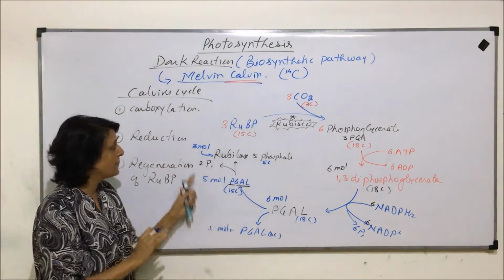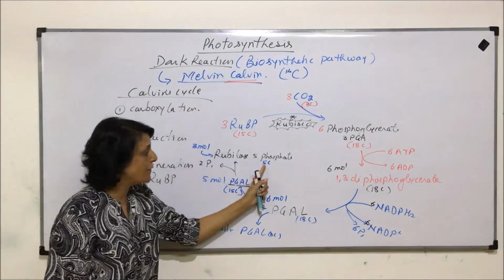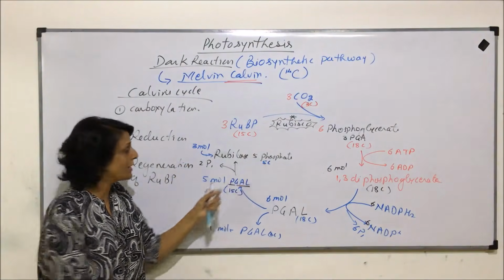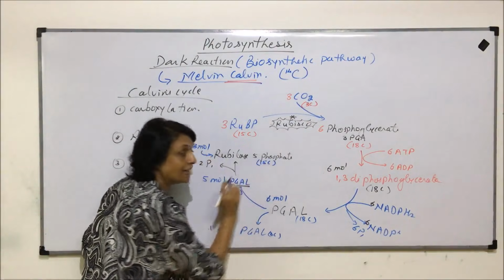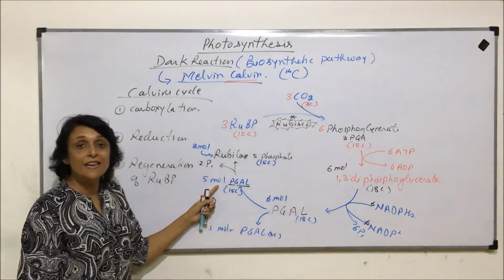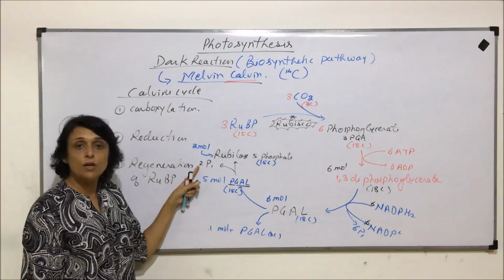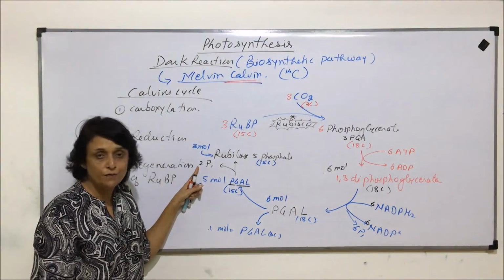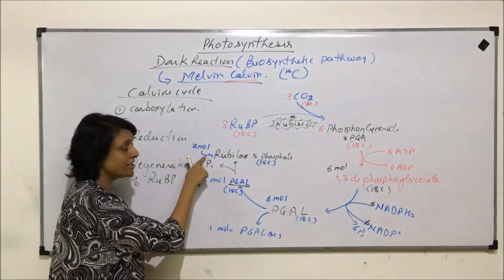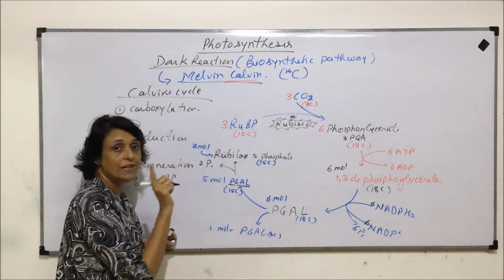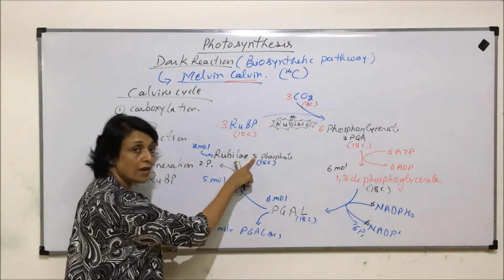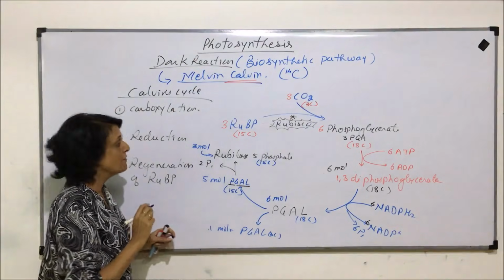Let us keep a track. 3 molecules of 5-carbon compound. That means total carbons are 15. Here there were 5 phosphates. 2 got lost in the form of inorganic phosphate, so 3 remain. Each molecule is having only 1 phosphate, that is at position 5 or at carbon 5.